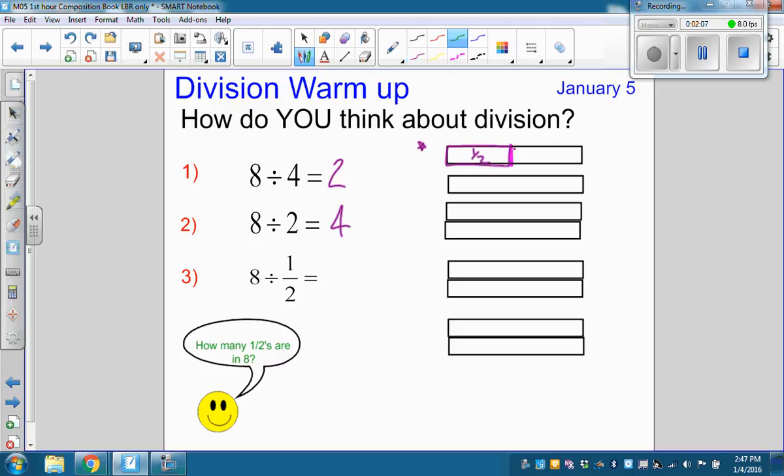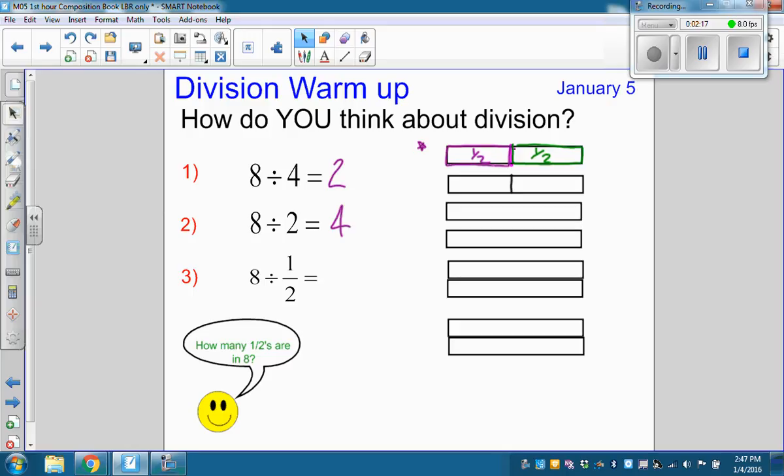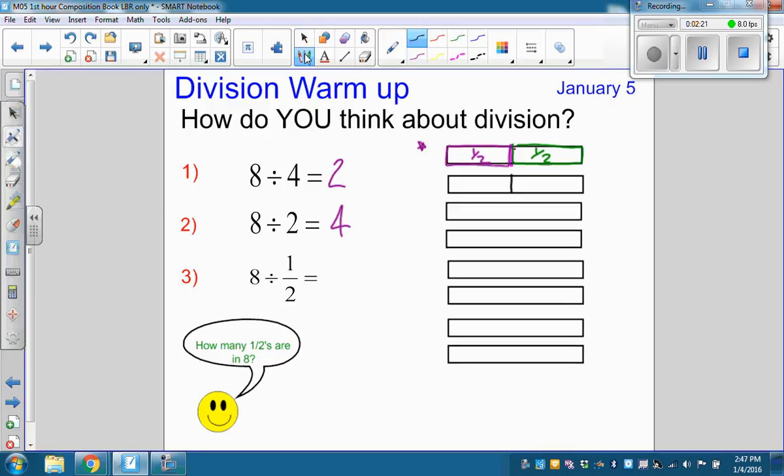And this piece right here is another half. So each of these 8 bars can be divided into halves. And when we do that, we end up with 16 pieces, because I'm dividing each one in half.